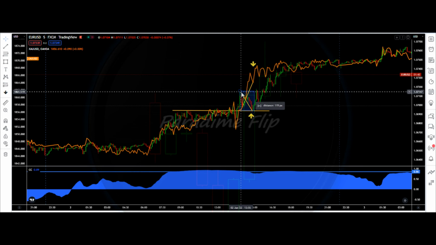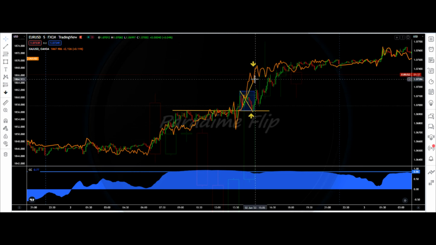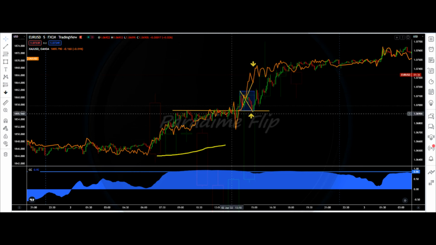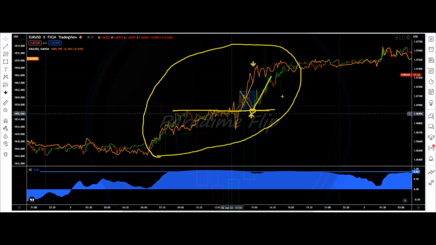So if Euro US dollar is pulling back while gold is rising, and overall both markets are in an uptrend, we can assume that Euro US dollar will catch up and resume its uptrend. And obviously we want to be doing this at a logical point where it's most logical for us to enter or time the trade. That essentially is all I wanted to show.